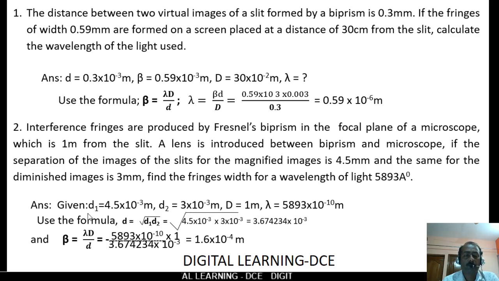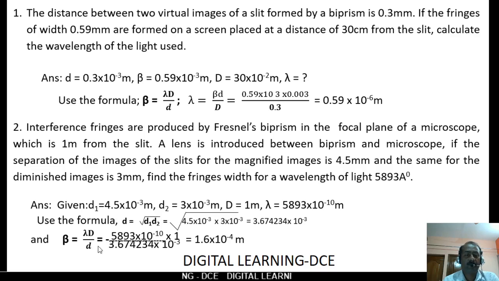For this one, you can calculate d, the distance between the two virtual slits, that is square root of D1 into D2. This is equal to square root of 4.5 into 10 raised to minus 3 into 3 into 10 raised to minus 3. And further calculation, we got 3.67423 into 10 to the power of minus 3 meter.